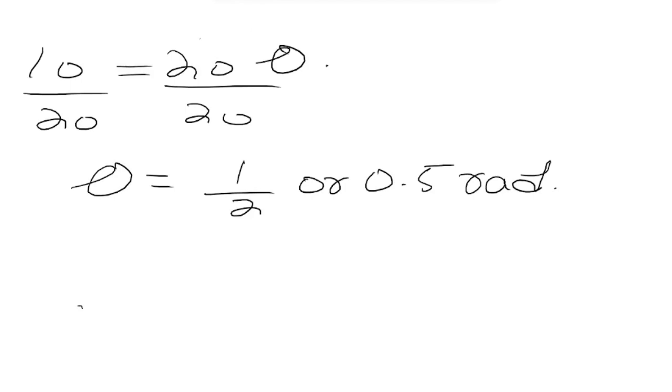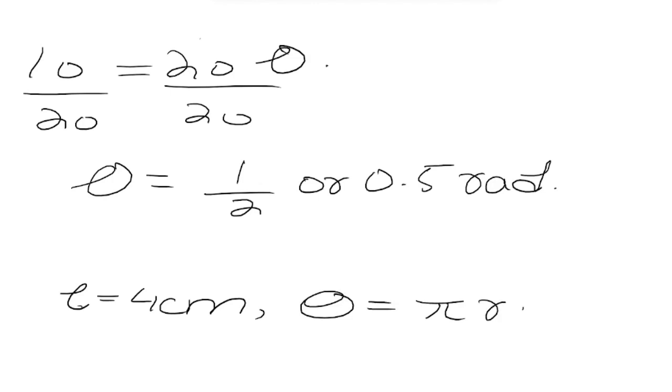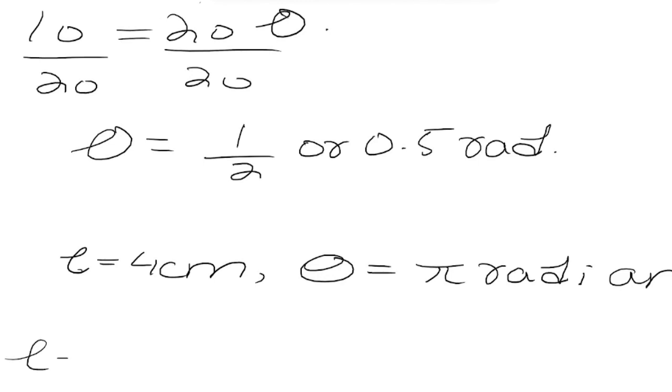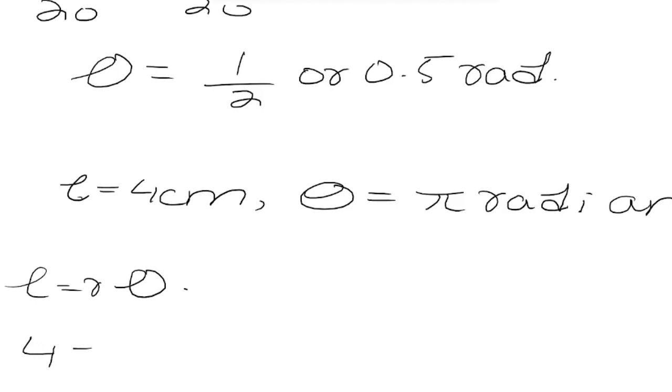Okay, so first let's write the values. The length is equal to 4 centimeter, and then the theta is equal to pi radians. So what does this mean? This means that L is equal to r theta, and what will happen is that this will be 4 and this will be r and this will be pi. So pi will be divided on both sides.